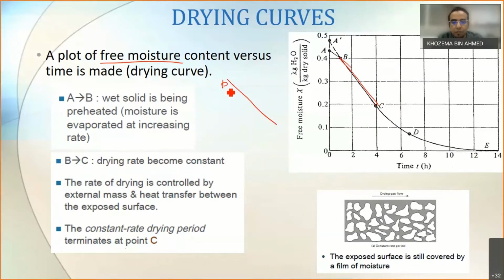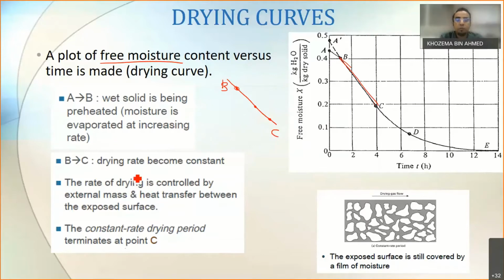When we have a straight line, if I want to find the gradient at this point, or this point, or this point, the value is going to be the same. Whatever point I take along the straight line, the gradient is the same. That's why at B to C, the drying rate becomes constant.